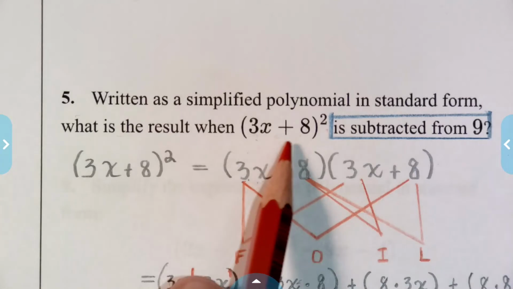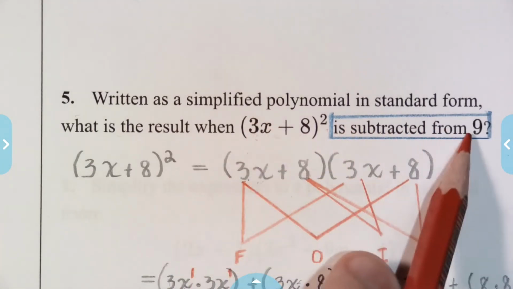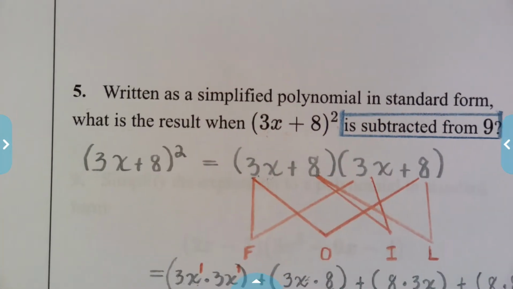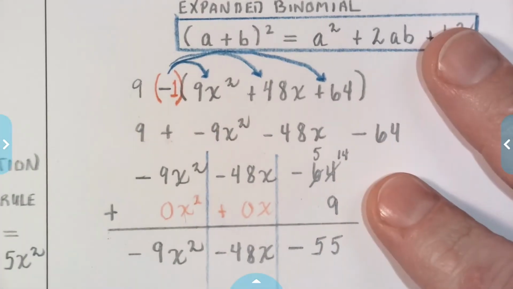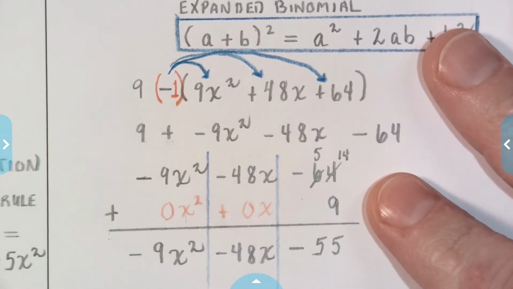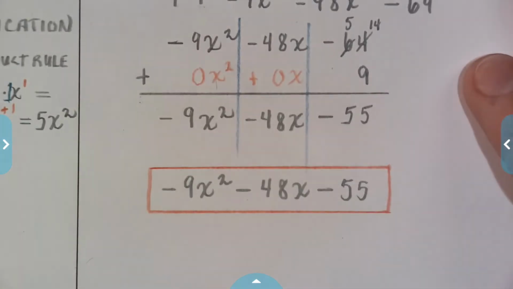Because it was this thing subtracted from 9, not 9 subtracted from this thing. Okay. So we are now done with number 5.